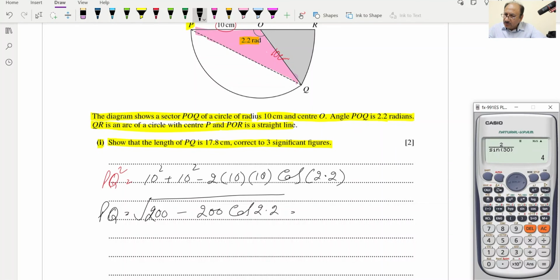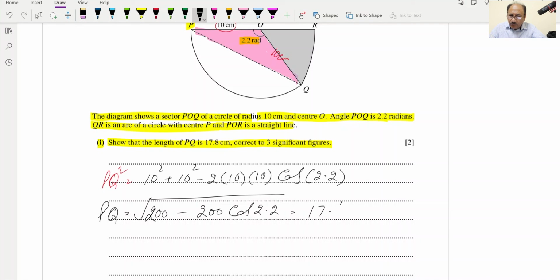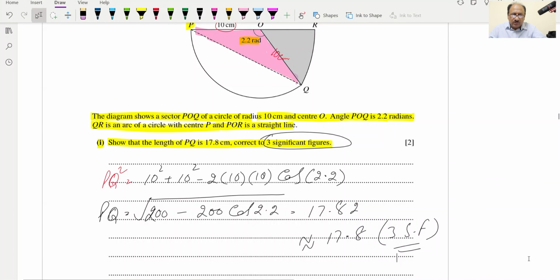If we check the square root of 200 minus 200 cos of 2.2, and this should be in radian mode, this will be equal to 17.82. Up to 3 significant figures they are saying, show that up to 3 significant figures. So this will be 17.8. We have shown this, it was a 2 marks part.